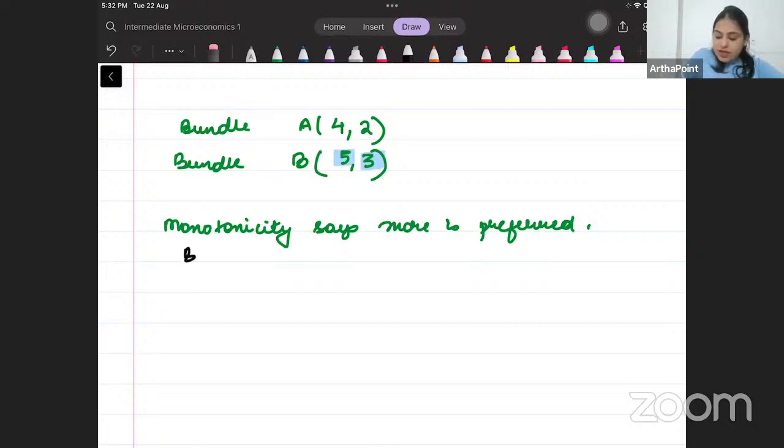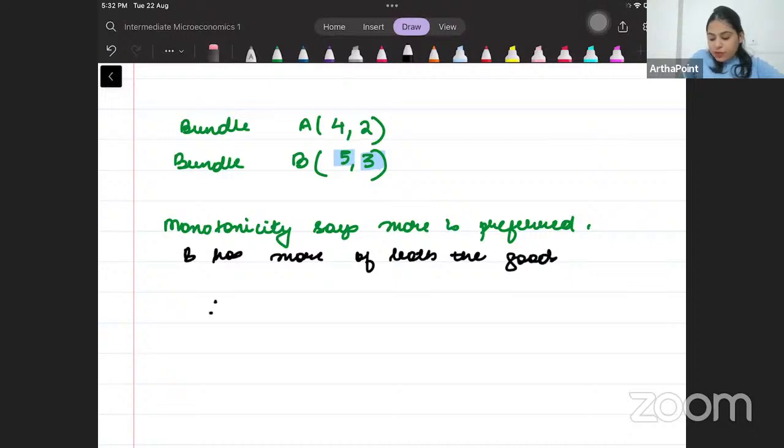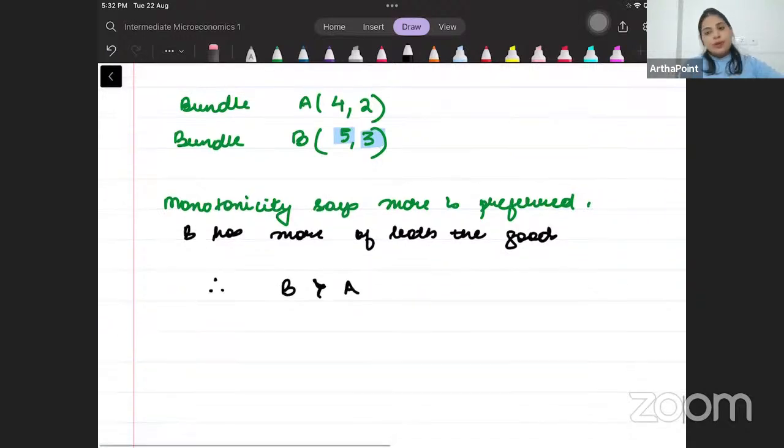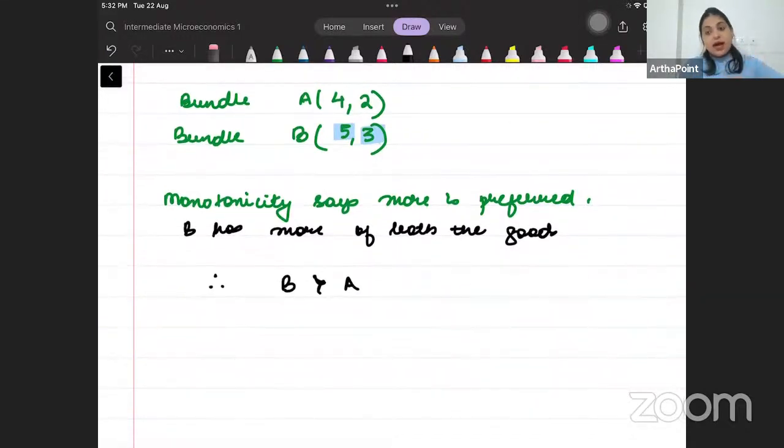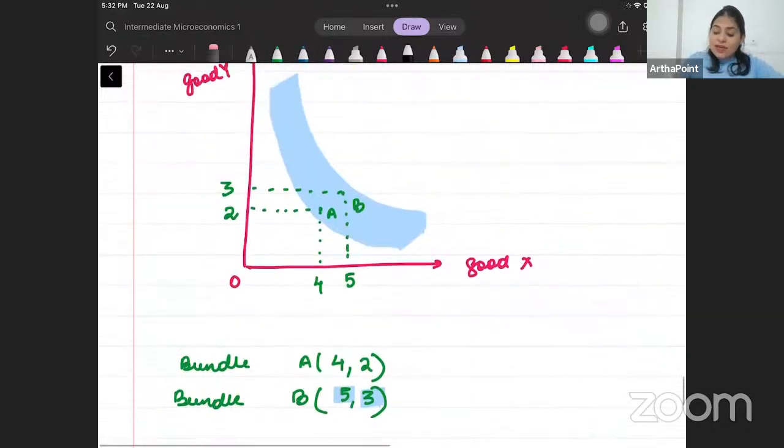So B has more of both the goods. Therefore, beta, bundle B should be preferred to A. ठीक है. अब आगे समझो बेटा, B और A तो सेम IC पर ही है ना, ये पूरी की पूरी स्ट्रेच एक IC है.